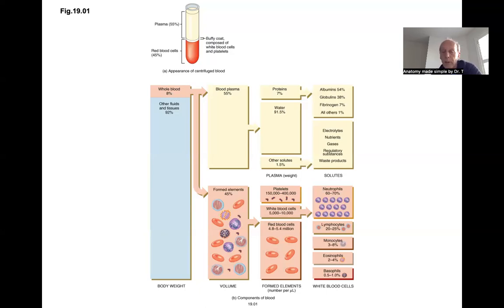Globulins would join albumins, but primarily they become part of our immune system, and that's why sometimes people simply call them immunoglobulins.